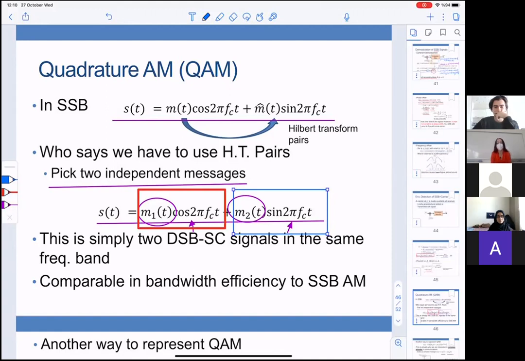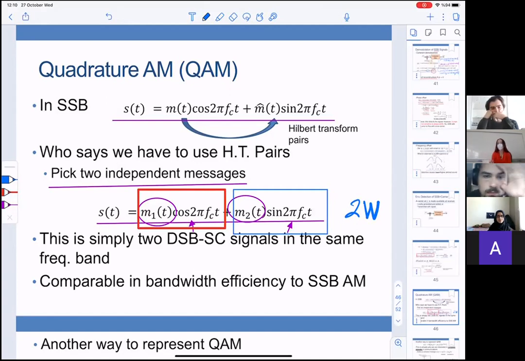What was our reason for doing SSB in the first place? Bandwidth efficiency. In double sideband, we use 2W to transmit a message of bandwidth W. In SSB, we use W to transmit a message of bandwidth W. In this one, we are using 2W, but we are transmitting 2 independent signals of bandwidth W each.